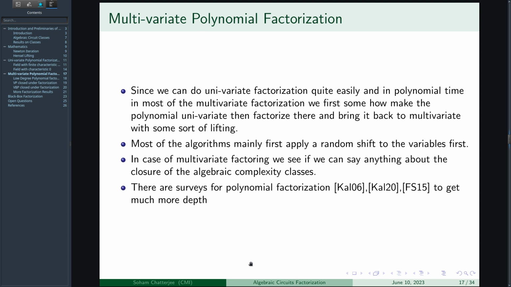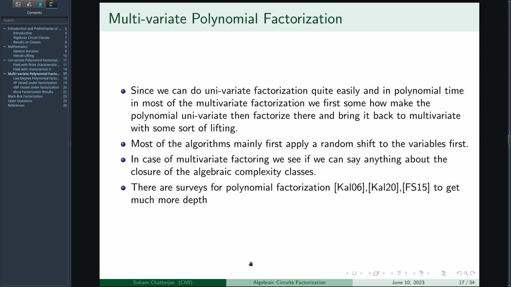But in multivariate, if the number of variables is n, then the number of degree d monomials is n plus d choose n. That's very high, so we cannot go to the monomials. Most of the time, what we do is a random shift, introduce a new variable, go to the univariate polynomial with respect to that new variable, factorize there, and then try to lift.